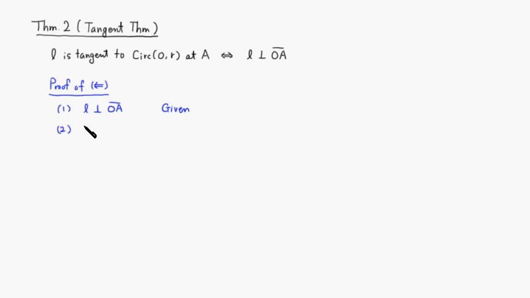So let's assume that L meets the circle, centered at O with radius R, at some other point, say B. Note that B is different from A.